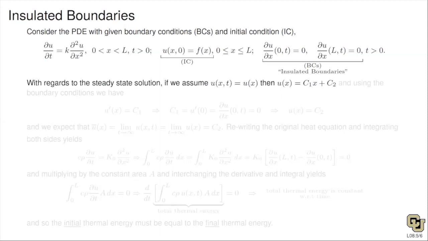Yes, that's right, Brian. Brian in the chat said we would expect the equilibrium temperature to be the average temperature, right? If I have a slice of pizza and one end is 50 degrees and the other end is 0 degrees, I'd expect it to average out to 25 degrees.